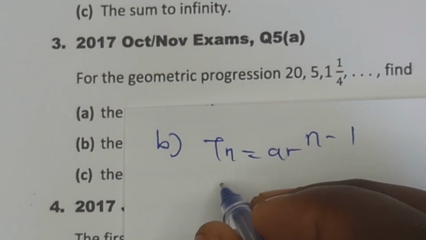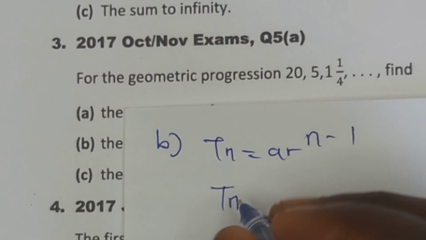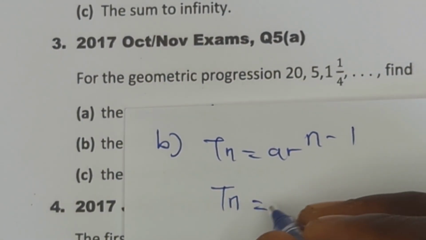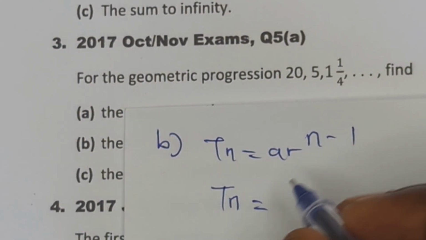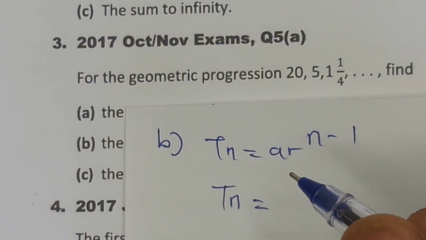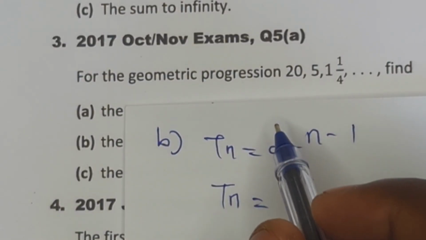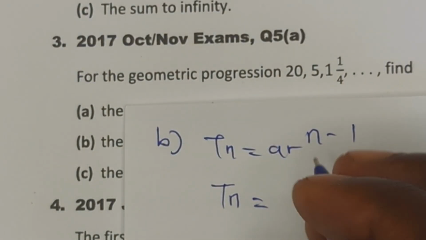Since we are finding the nth term, Tn is the equation that we are making. A represents the first term, so our first term here is 20.